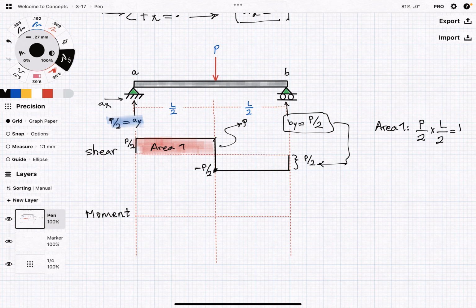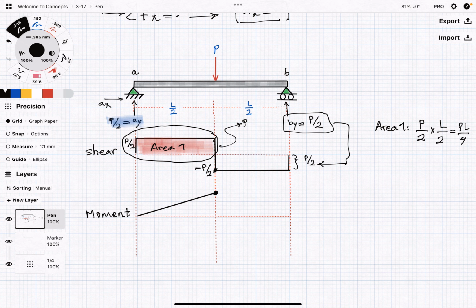So it would be PL over 4. So we can say that this part of the graph increases the bending moment to PL over 4. That would be a point here. So this is the bending moment diagram that we have plotted using the first part of the shear force diagram.